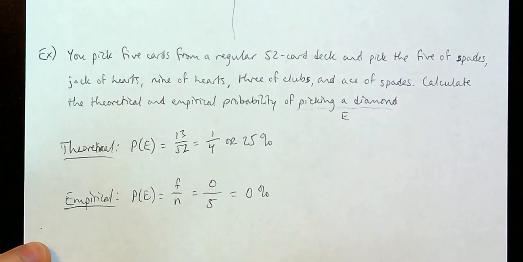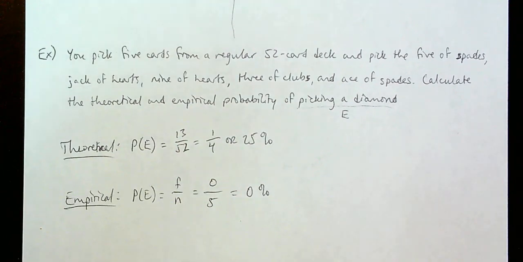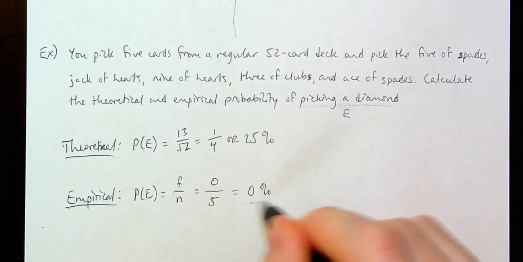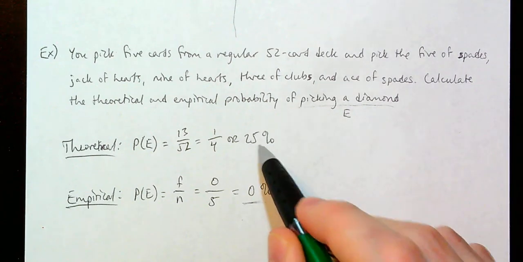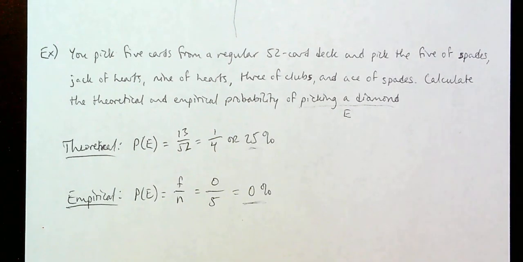So again, significant, massive difference here between the empirical probability and the theoretical probability of picking a diamond from the deck. But as we said, looking at our previous sample problem here, the more trials we do, the closer and closer this probability would get to this probability here.